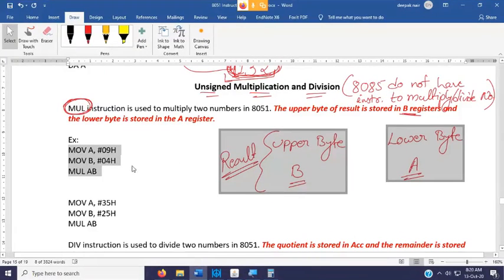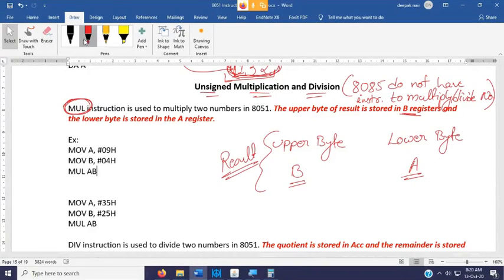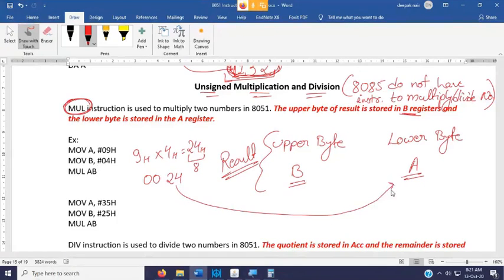The result of this multiplication 9 into 4 is 9 hexadecimal multiplied by 4 hexadecimal, which is 24 hexadecimal. But remember 24 is 8 bits only, so the actual number is 00 in the upper byte and then 24. So 24 goes to the accumulator and 00 goes to the B register.